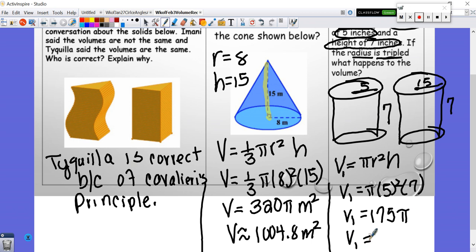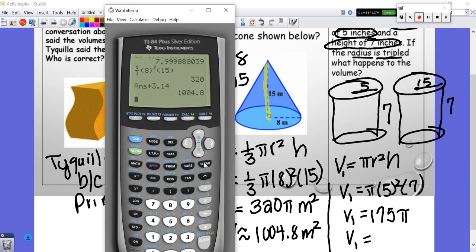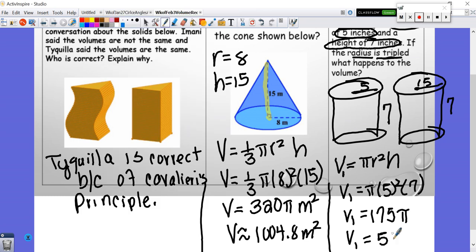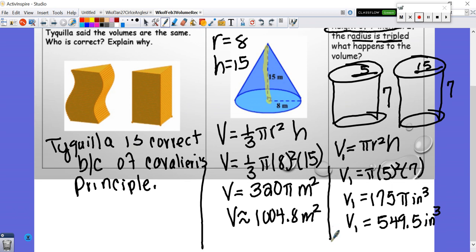And then I'm going to go ahead and check my math too. Brain getting tired, y'all. 5 squared times 7. Okay, 175, I'm okay, times 3.14. So we get an approximate answer of 549.5, and this is inches cubed. That's the first volume.